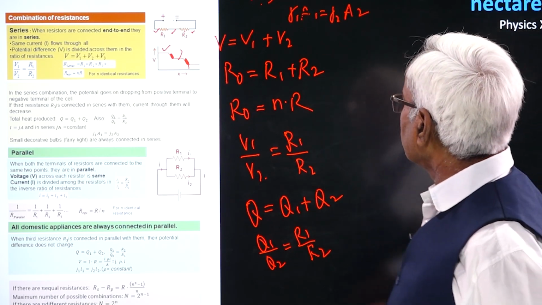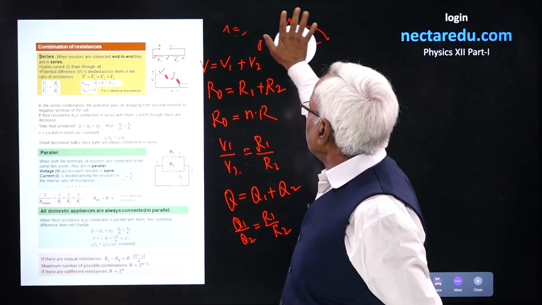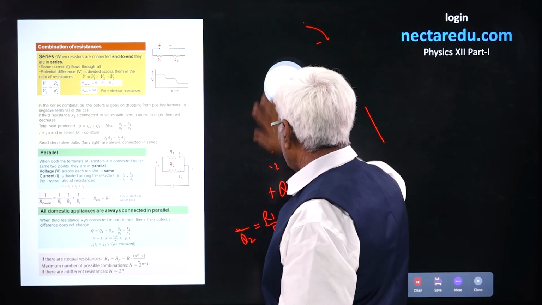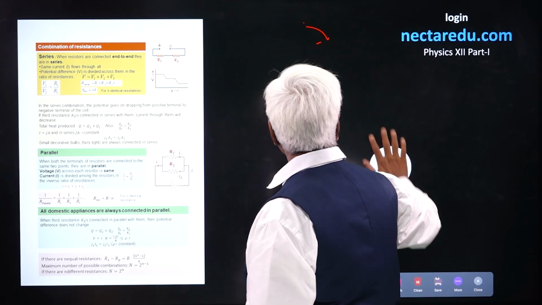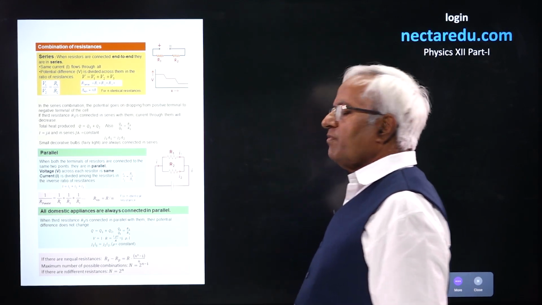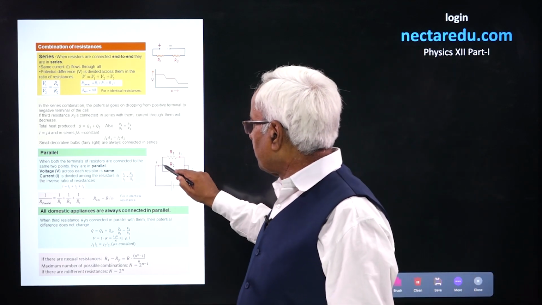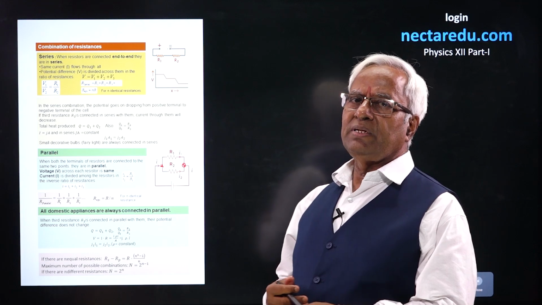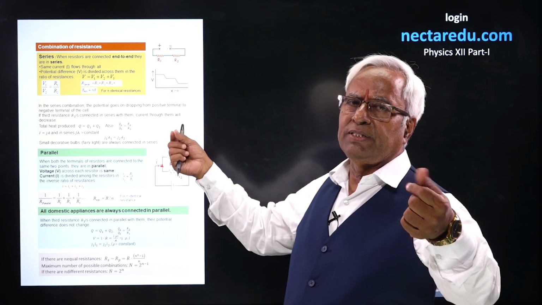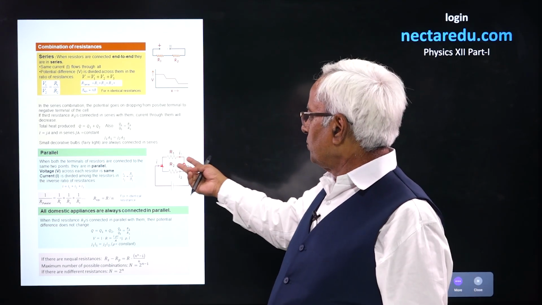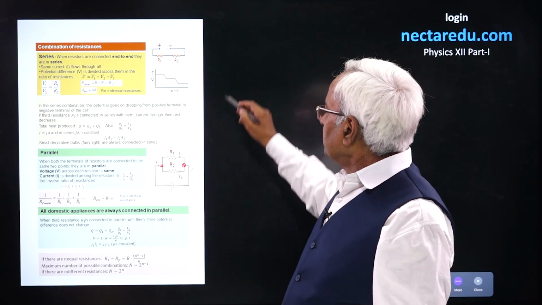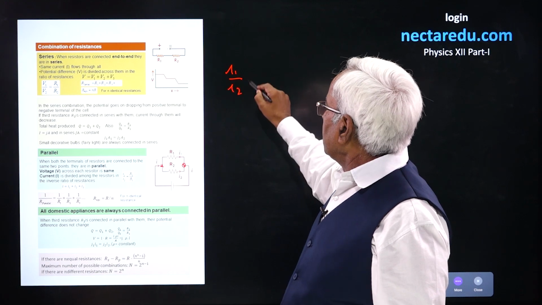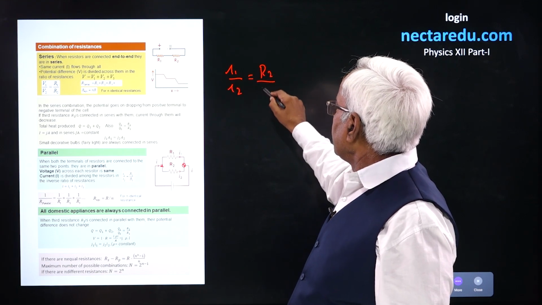Parallel combination. In parallel combination, the voltage is going to be the same throughout, because parallel means that one end of every resistance is connected at one point, and the other ends are connected at one point. Obviously, the potential difference between the two points is going to be the same throughout. Then V is the same, but the current will be in the inverse ratio of resistances.